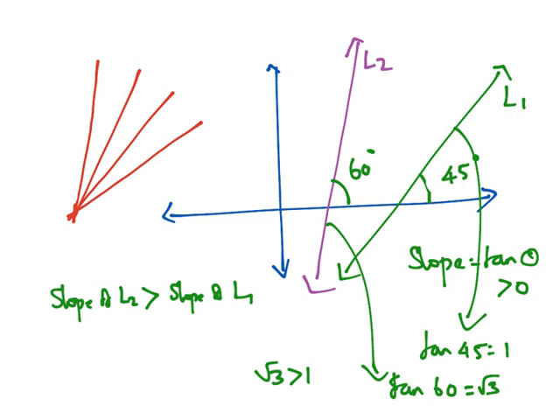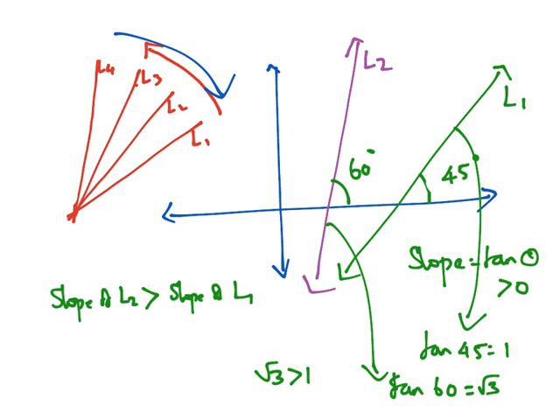So if you go anti-clockwise, L1, L2, L3, L4: L2 will have a bigger slope than L1, L3 will have a greater slope than L2 and L1, and L4 will have the highest slope among all these four lines. And when you go clockwise, that means this way, the slopes will decrease. Okay, clockwise and anti-clockwise.